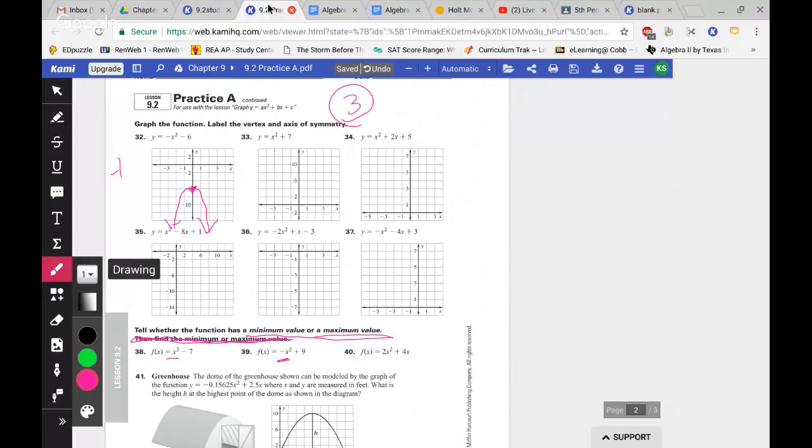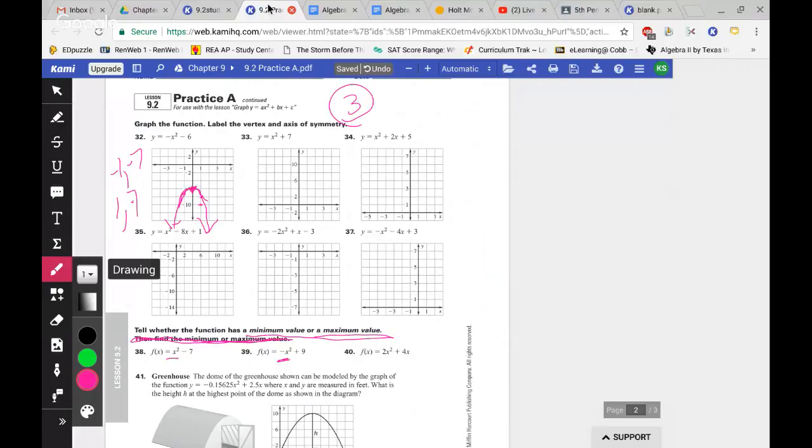So if I use 1, it's going to give me -7, or if I use -1, it's going to give me a -7. I didn't do very good about getting it through the point, but that's how that would look. Does that make sense? Yes, ma'am.